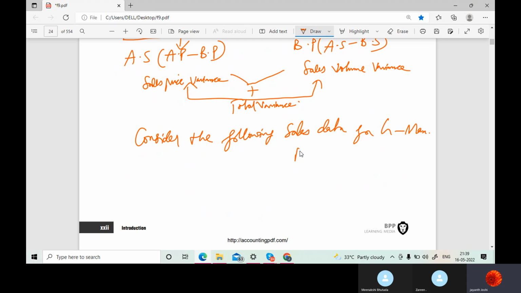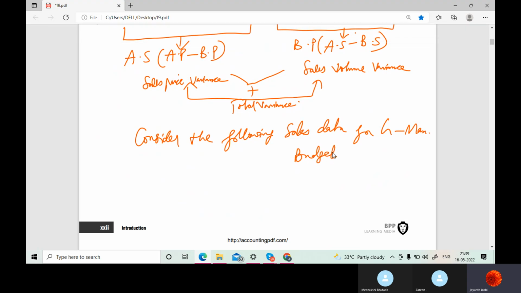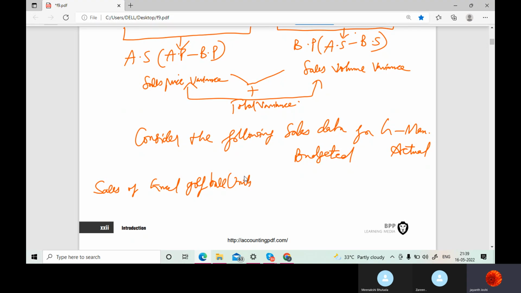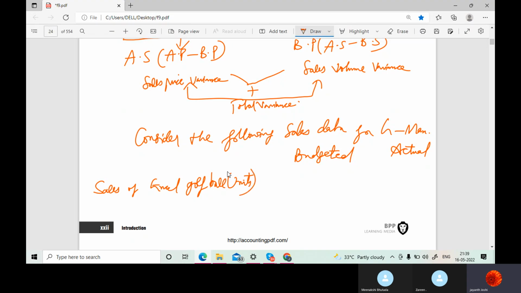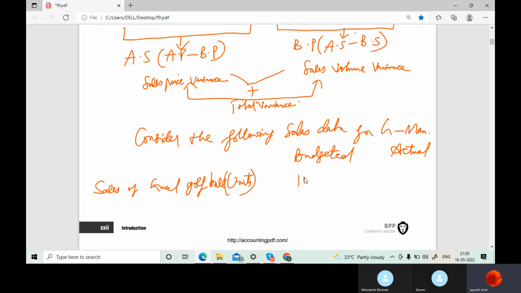Budgeted and actual. Sales of Excel golf ball units: 1000 units budgeted, 1100 units actual.